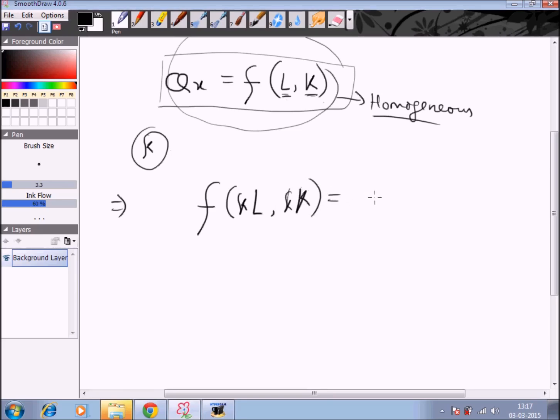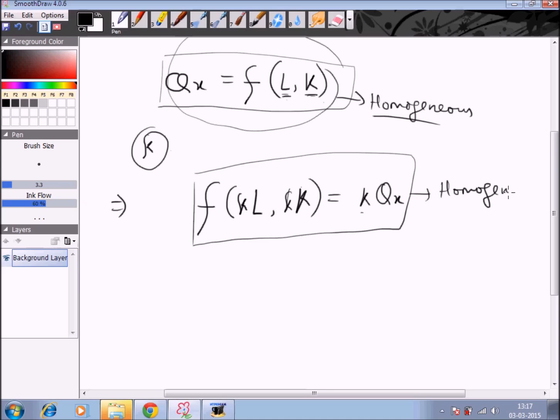So if the quantity of commodity X produced increases in the same proportion, that is small k, this particular production function is said to be homogeneous of degree 1, and it represents constant returns to scale.